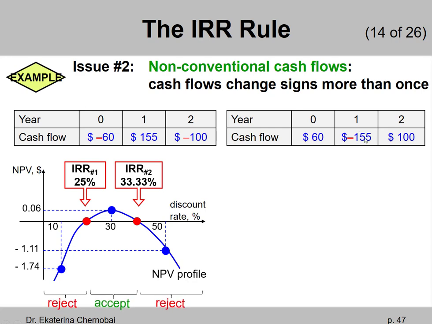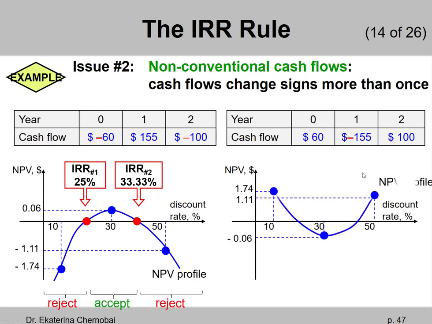And on top of that, we have another interesting thing going on. The cash flows change signs 2 times, from positive to negative, going from year 0 to year 1. And then for the second time, from negative to positive, going from year 1 to year 2. So if you spend a little bit of time to try a few discount rates and for each calculate the net present value for these cash flows, you would again get a curve that crosses the horizontal axis in 2 places.